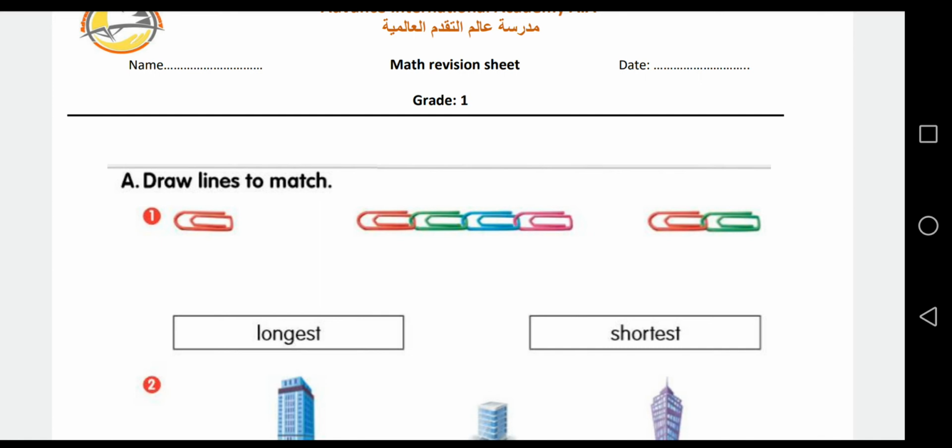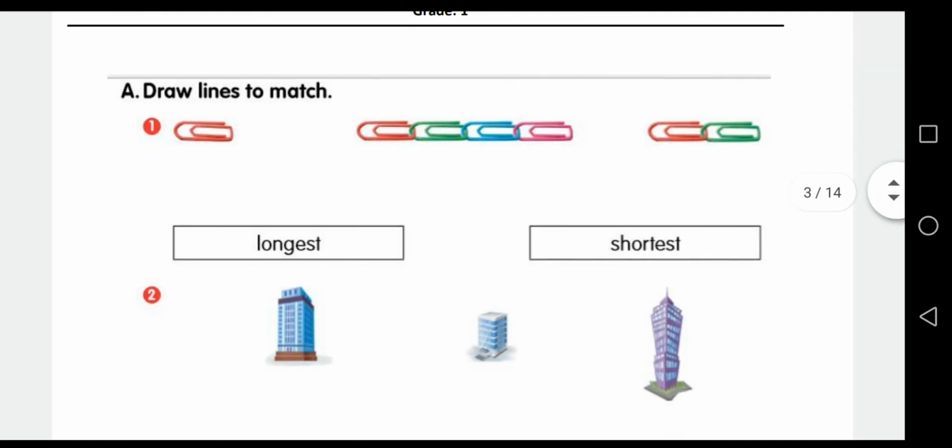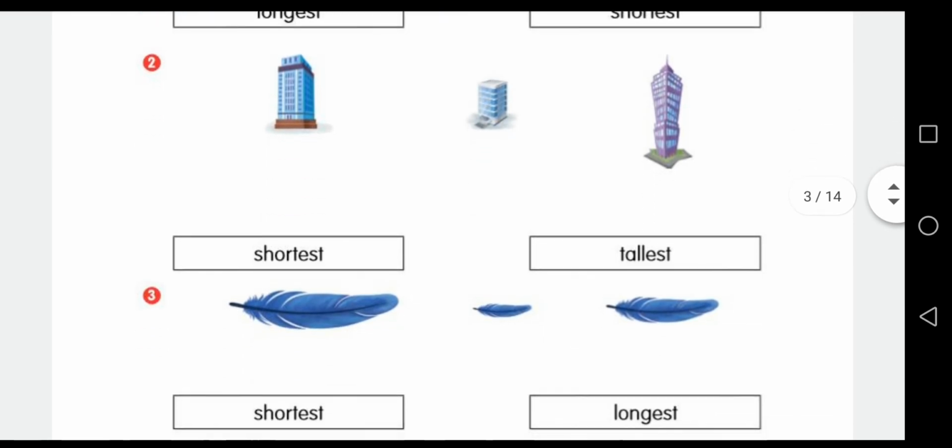Now, shortest. Should I match it with the only 1 paper clip, or with the 2 paper clips that are joined together? Yes, excellent. I will match it with the only 1 paper clip. Good.